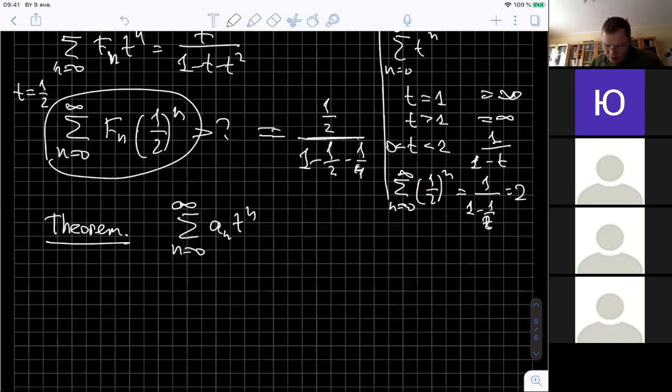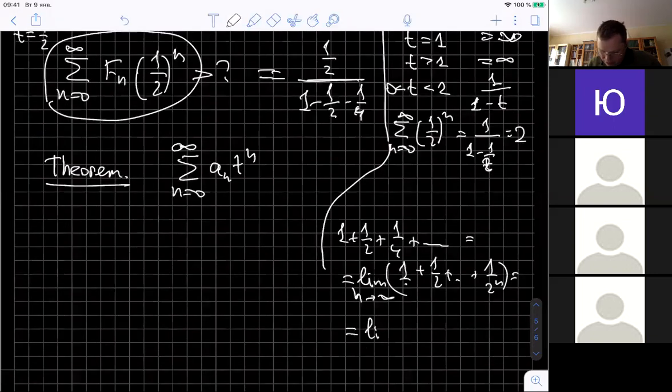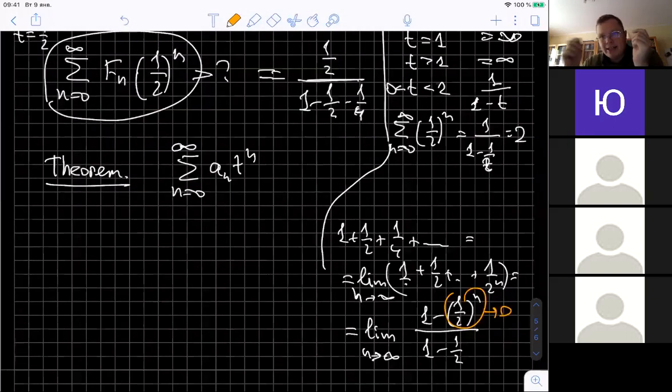And also I think you can prove it, because if you have 1 plus 1 over 2 plus 1 over 4 plus and so on, this is just the limit of the finite sum, and this is equal to, we can write this as 1 minus (1/2) to the nth power over 1 minus 1/2, and this tends to 0 as n tends to infinity.